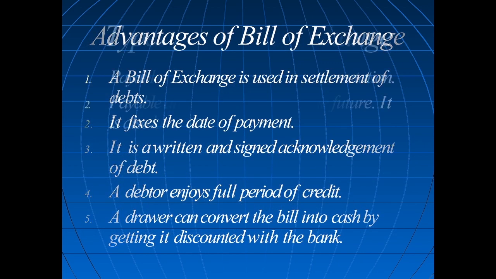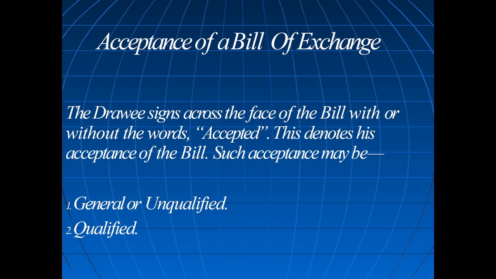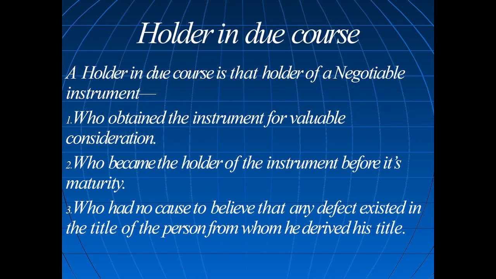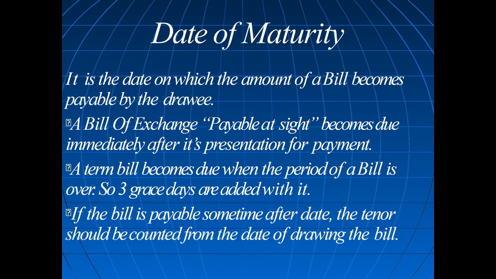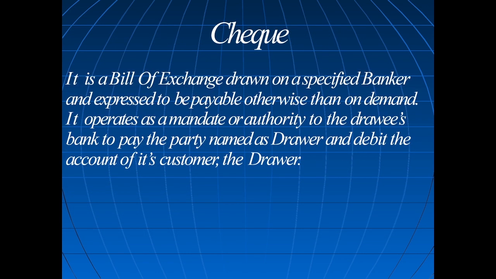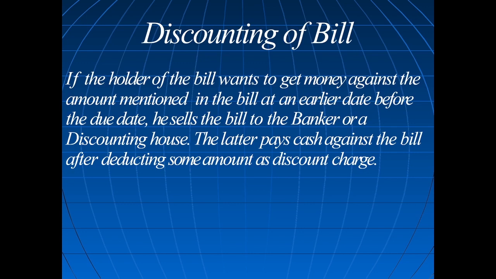Okay? Advantages, types, acceptance, holder of the bill, holder in due course, date of maturity are very important in bills of exchange. And discounting the bill. These are the methods, the different stages of the bill, which we are going to understand.